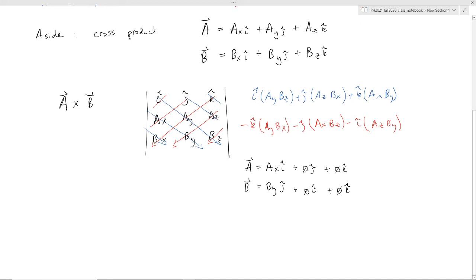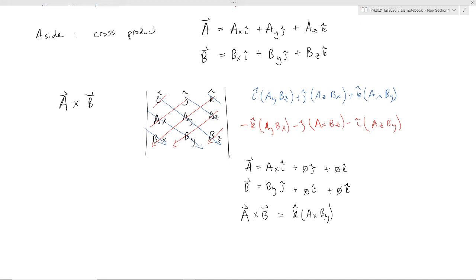You can see that most of these terms would be 0 when you go to take the cross product, and all that you would be left with is the terms that have both Ax and By. So we would have k hat times AxBy. If we were doing our right-hand rule, this is telling you that if A is in x and you cross it into B that is in y, then the result would be in the k direction.